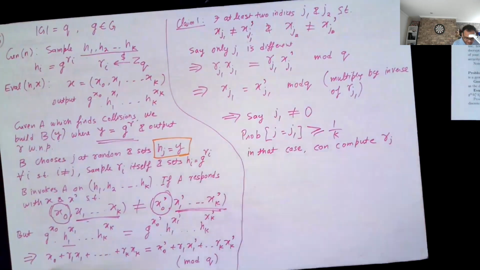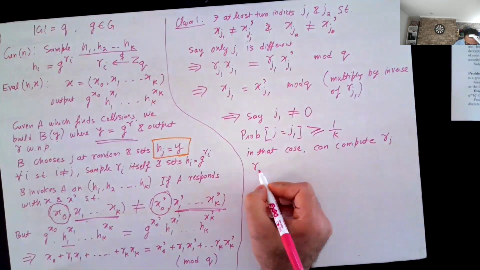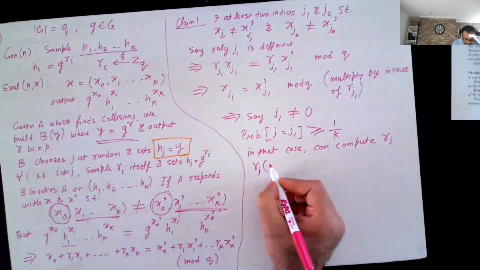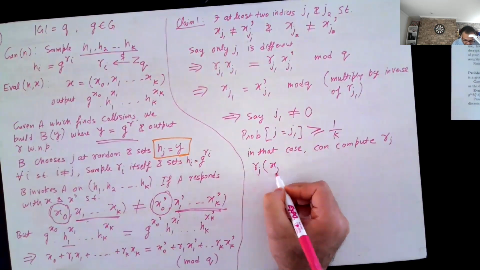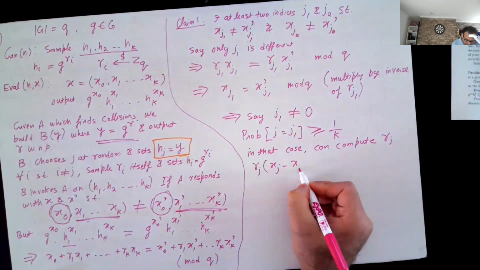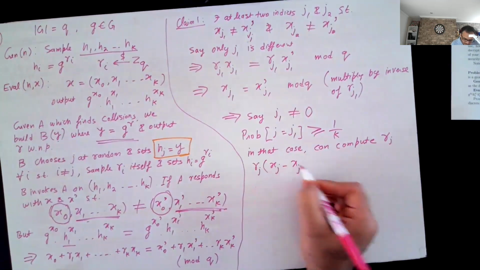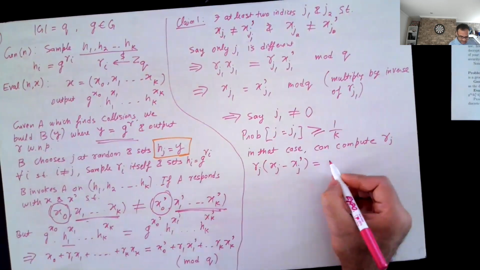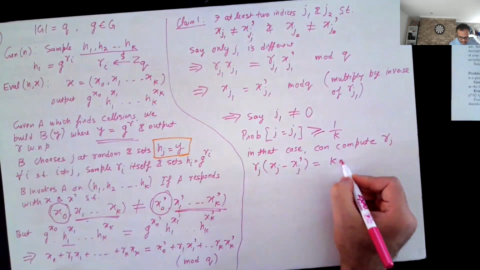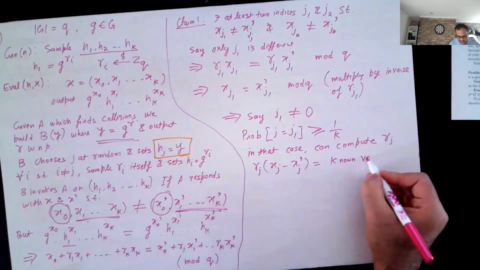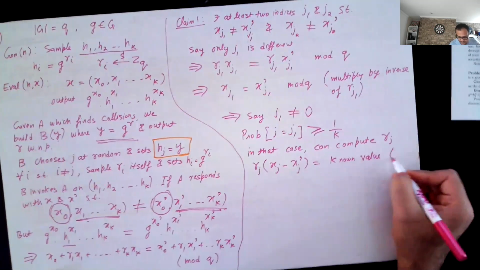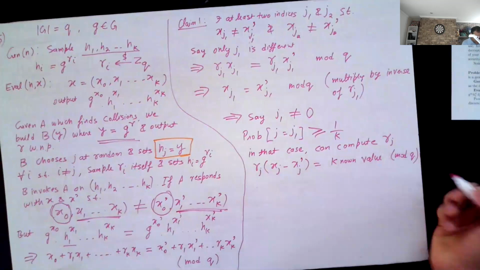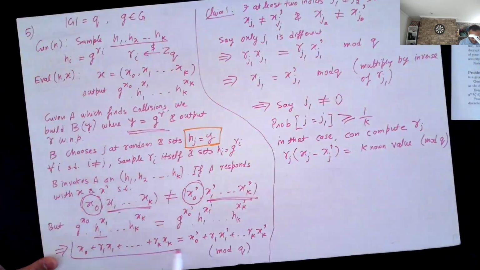And how do I compute Rj? Rj times xj minus x prime j would be some known value mod q. So now I'm just coming back to this equation.